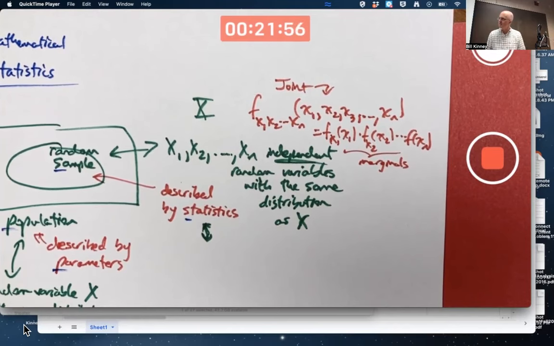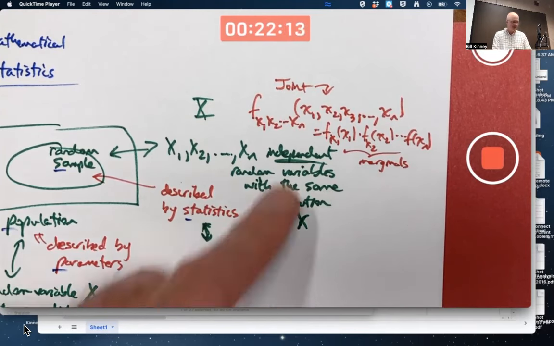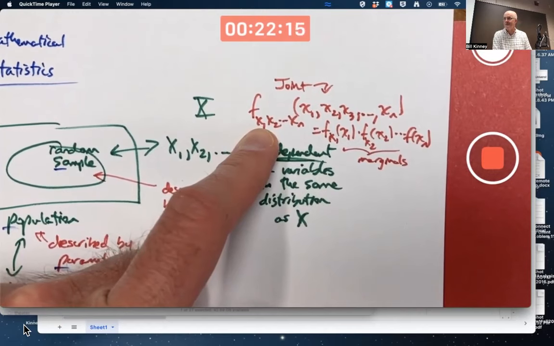We can mostly avoid them. Completely? Well, yeah, in this class we can completely avoid them. But if we were going to do some real advanced theory, we'd have to think about triple integrals, quadruple integrals, quintuple integrals, n-dimensional integrals. Though this assumption would make things easier than they would be otherwise.